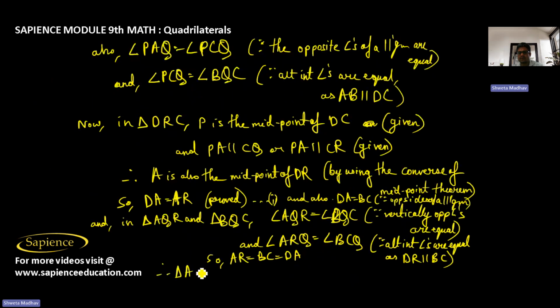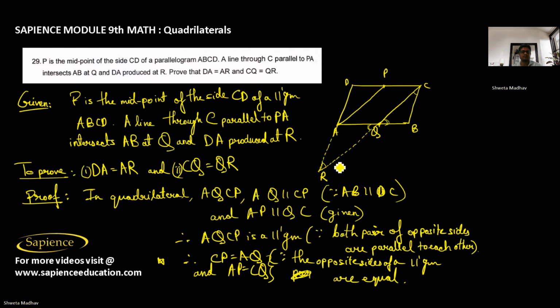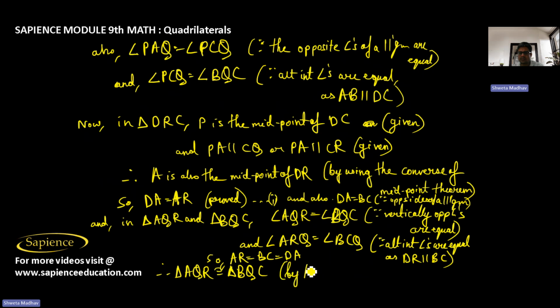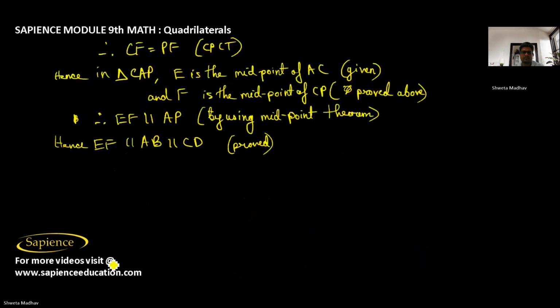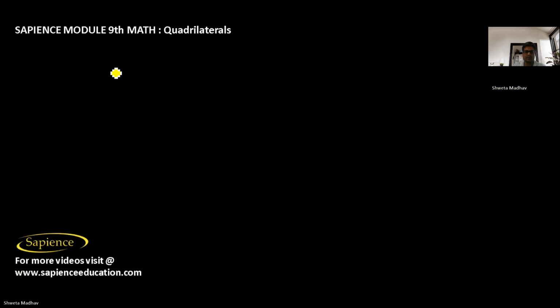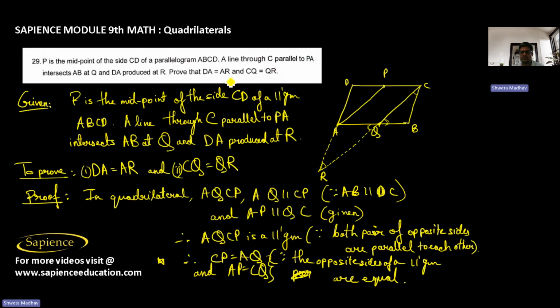Therefore, I can say triangle AQR is congruent to triangle BQC by AAS rule of congruency, since we have taken two angles and a non-included side. Hence, we have proved that AQR is congruent to BQC.